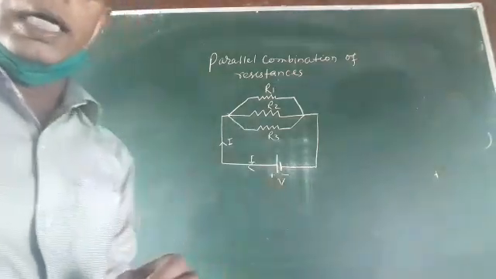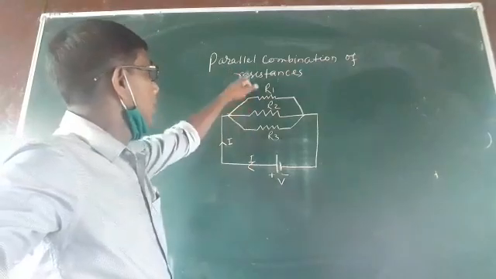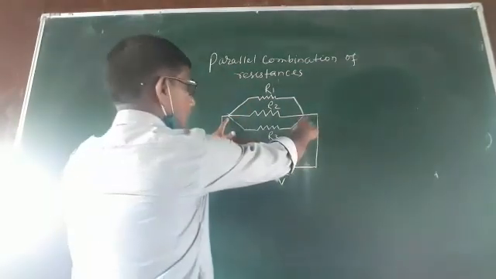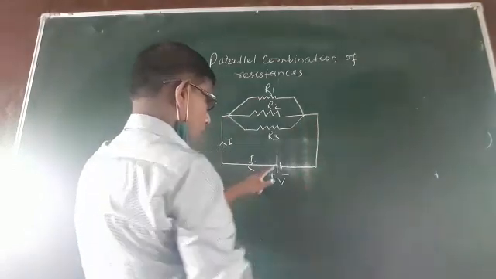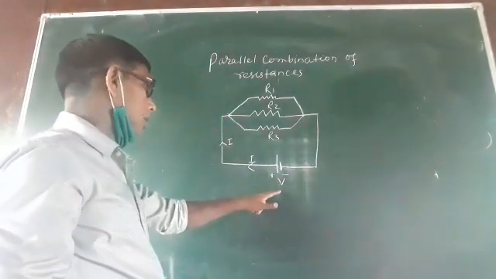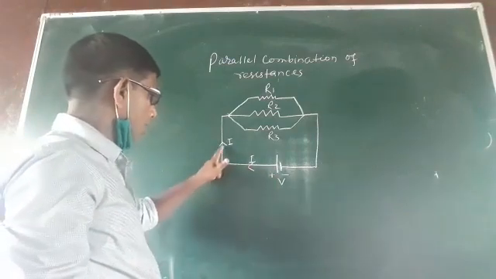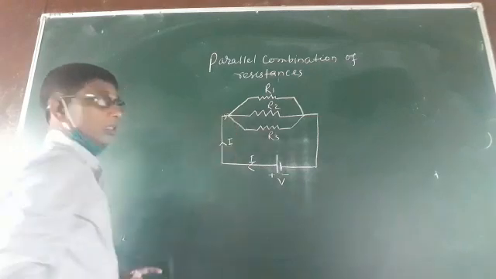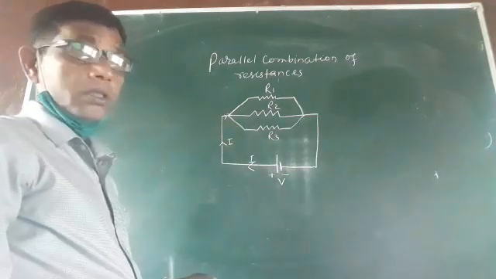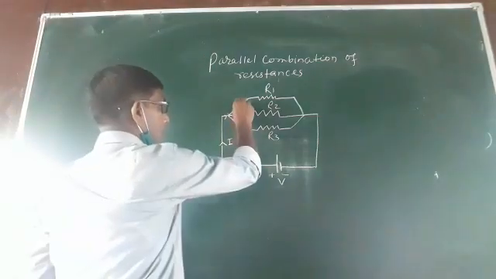Suppose that three resistances R1, R2, R3 are connected in parallel. Both ends of this combination are connected to a cell of potential difference V, due to which current I flows in the circuit. At this point, this current I distributes into three ways.